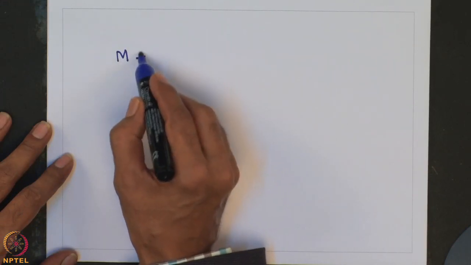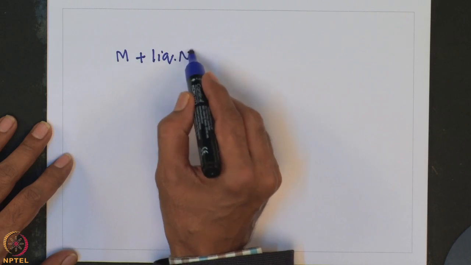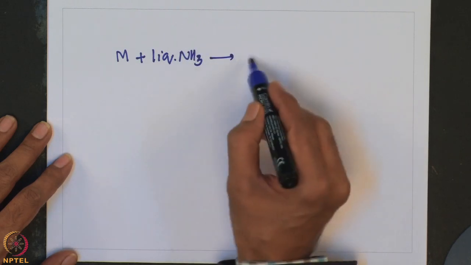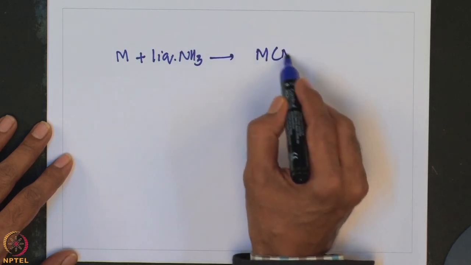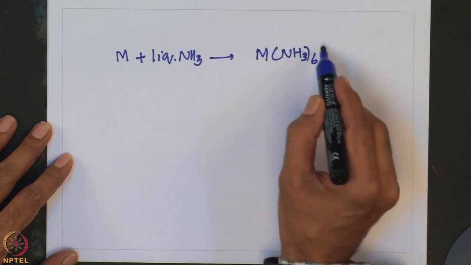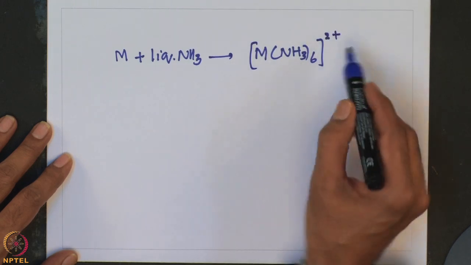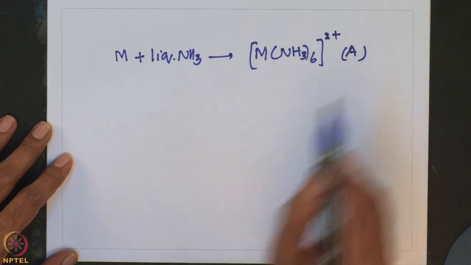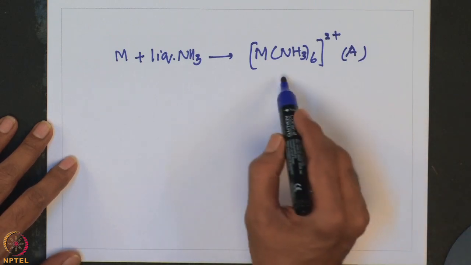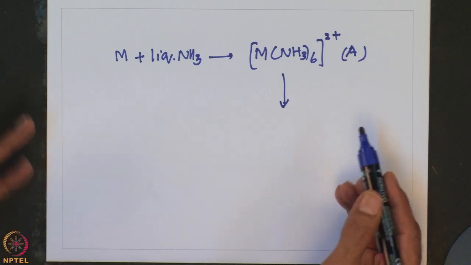First let us write M. So, when we put liquid ammonia, it should form, because this is from group 2, let us consider this as A. So, A slowly decomposes to B plus ammonia plus gas comes.